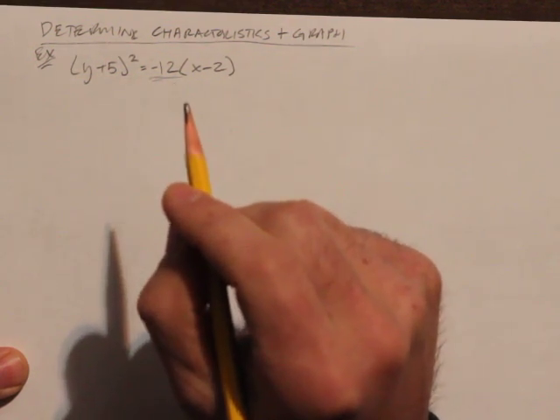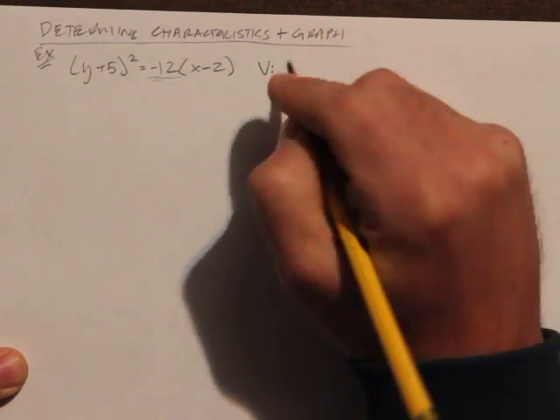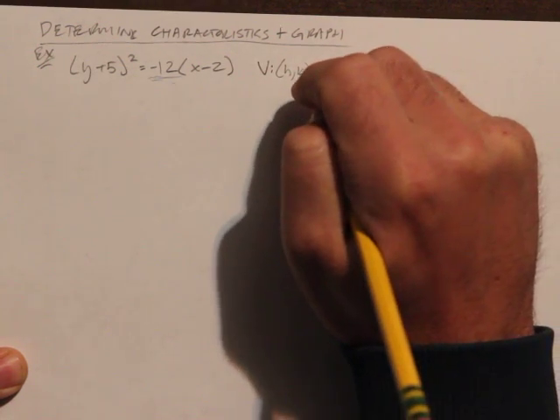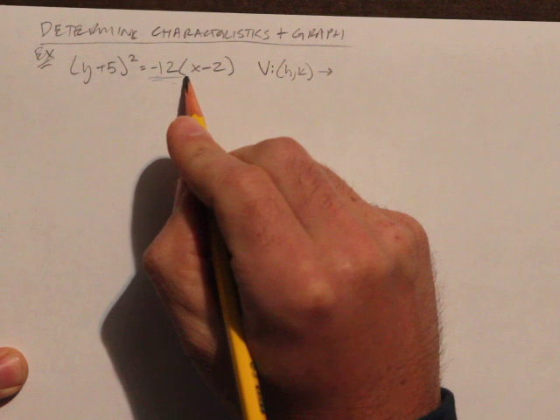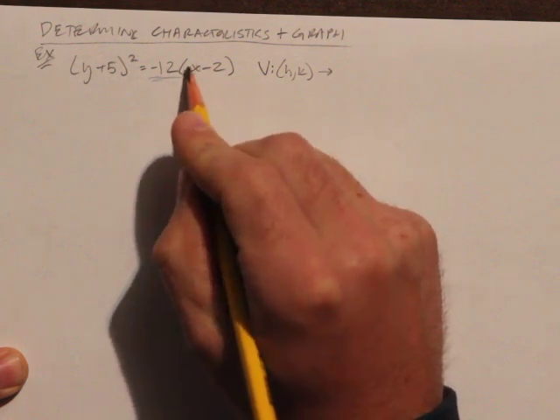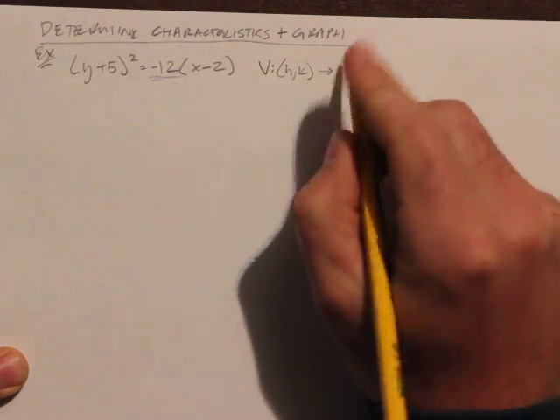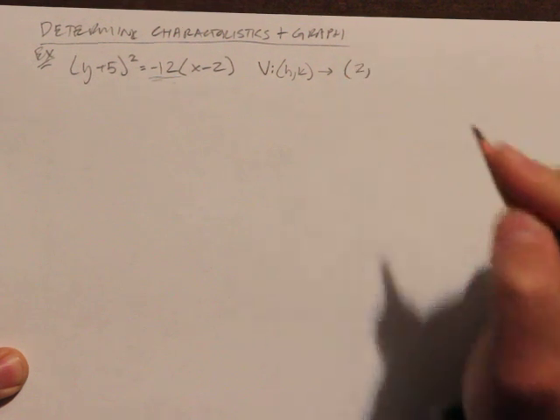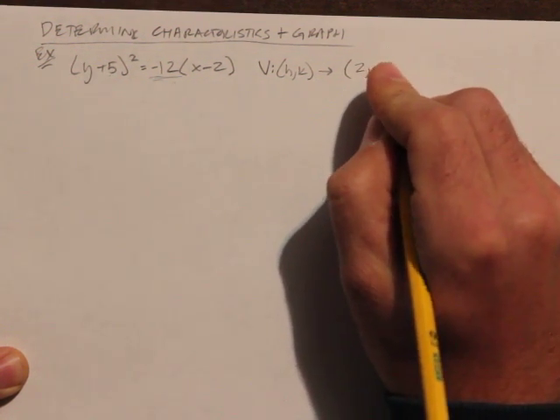Now, the first thing I want to look at is my vertex. My vertex is h and k. I look in my x, and my h value is 2. And my k value, the one with the y, is going to be -5.